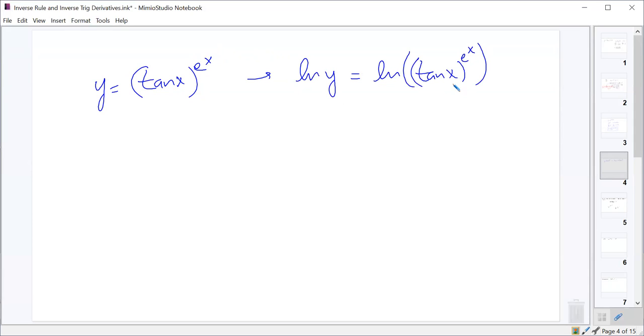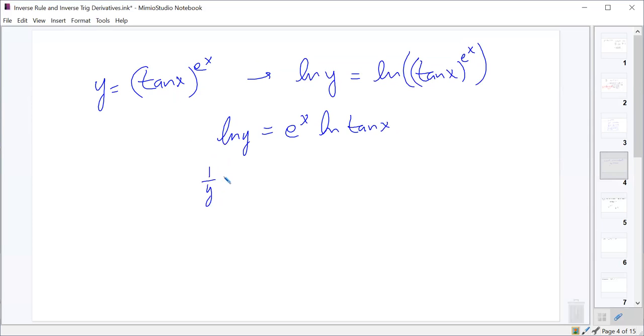which allows us now, because we have something as an exponent within a logarithm, we can pull that exponent out to the front. So we end up with natural log of y equals e to the x times the natural log of tangent x. And then we'll take the derivative implicitly.